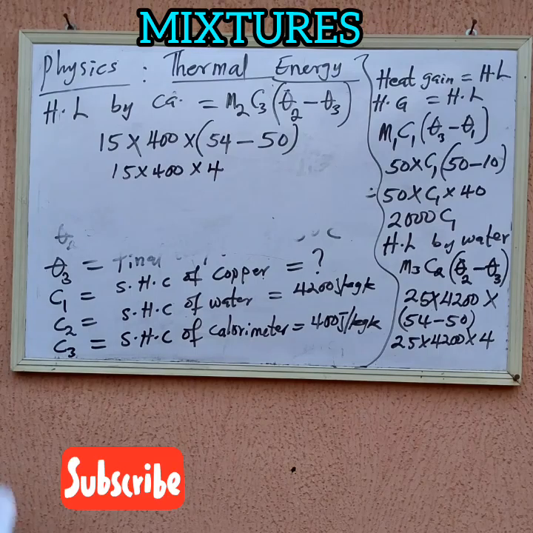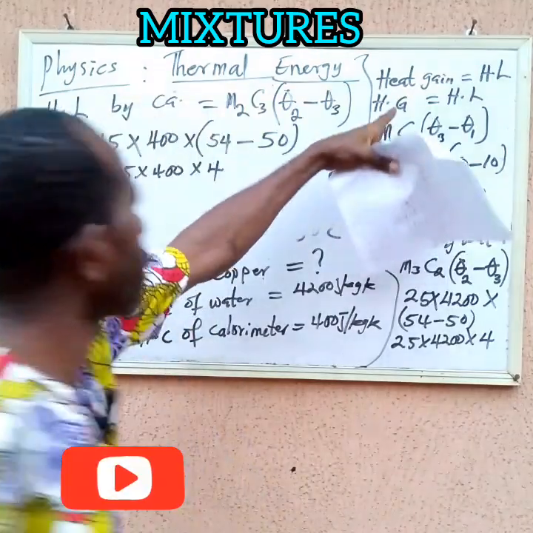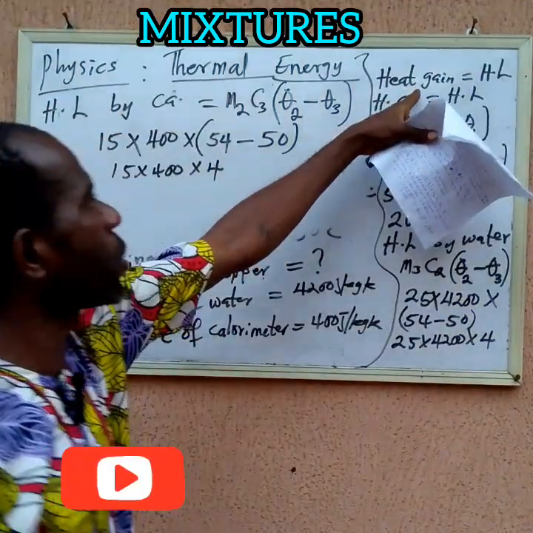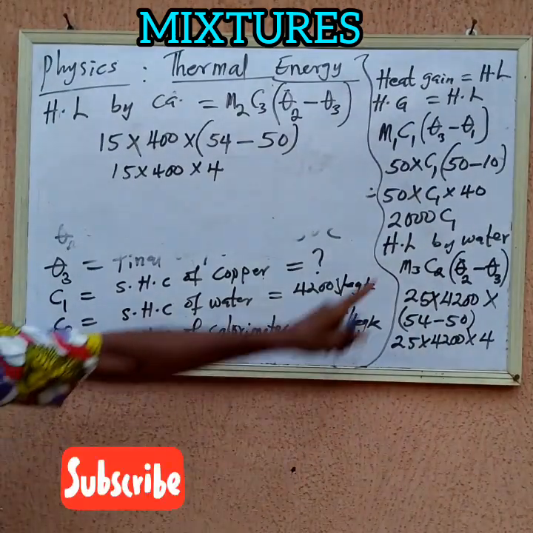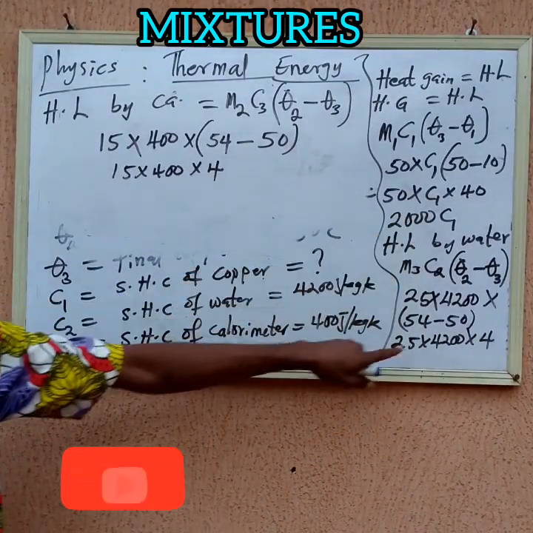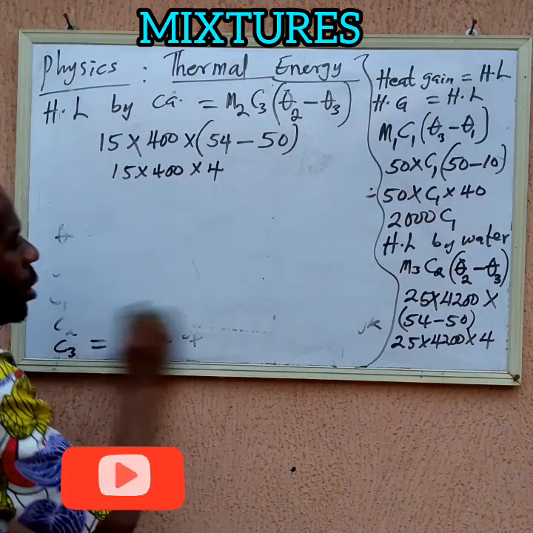Remember, we are going to work with total heat gain. There's only one body that is gaining heat here, equal to total heat loss. Two bodies here lost heat, water and the calorimeter. So we add everything, then we get our C1.